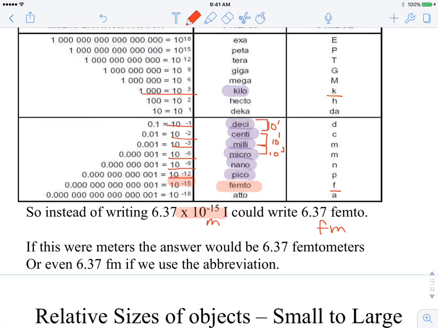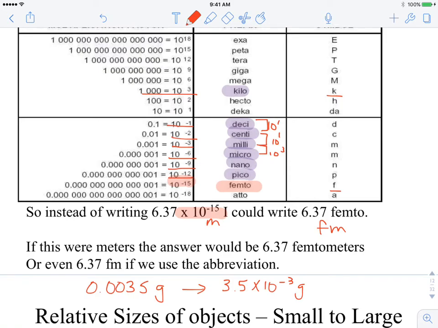So let's say, for example, I were to give you something that was 0.0035 grams. Well, if I put this into scientific notation, this would be 3.5 times 10 to the negative 3 grams.